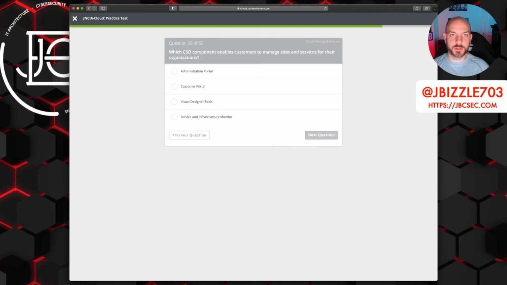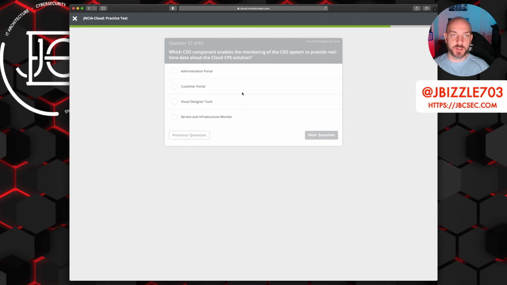Which CSO component enables customers to manage sites and services for their organization? That's the customer portal. Okay. Which CSO component enables ISPs to design, create, manage, and configure network services that are stored in the network service catalog? There's a visual designer's tool.